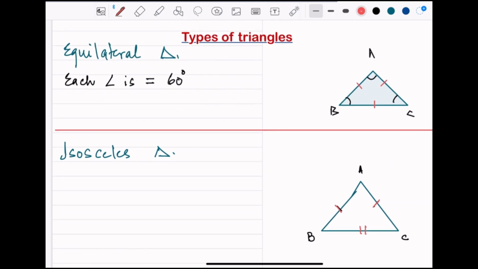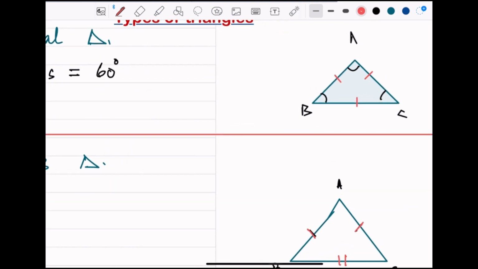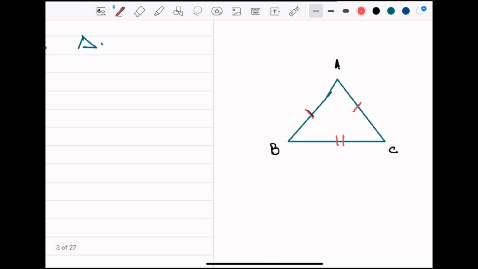As you could see in the previous figure, all the three markers on those lines were the same. But if you look at this, this marker and this marker are the same, representing that these two sides are equal to each other in length, but the other one is not.